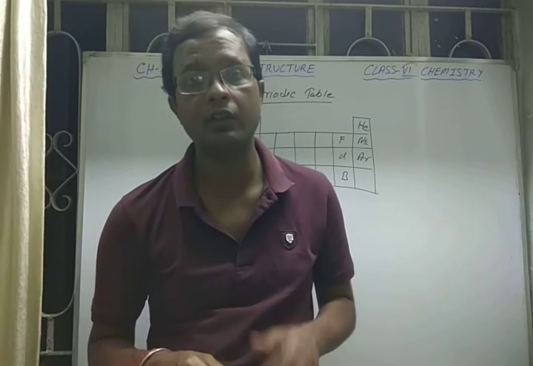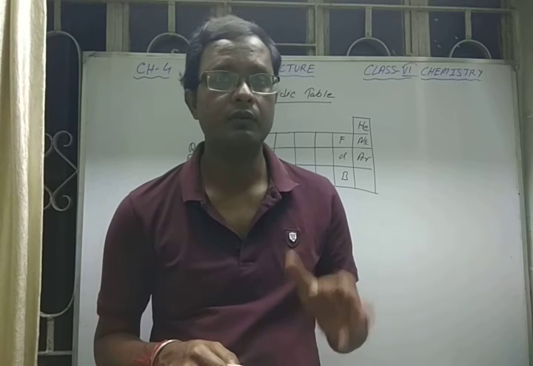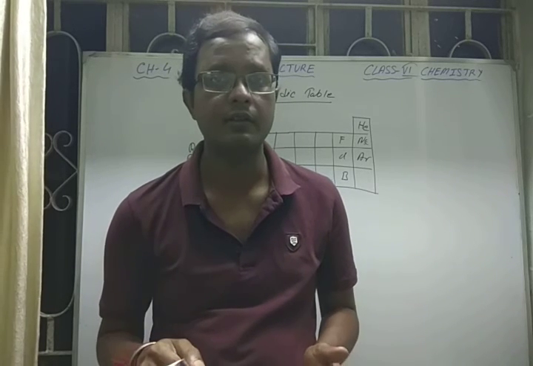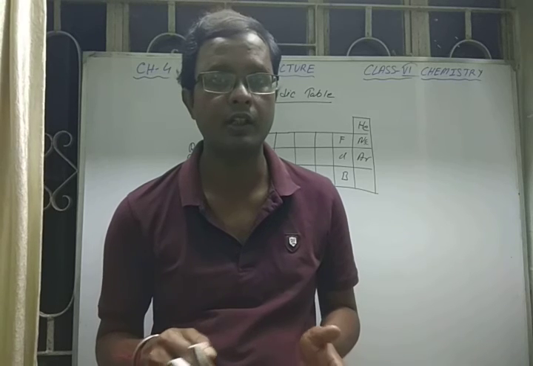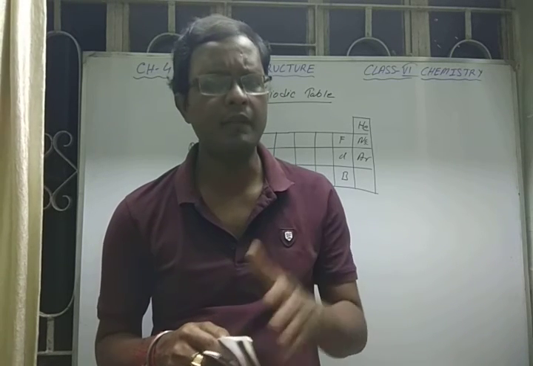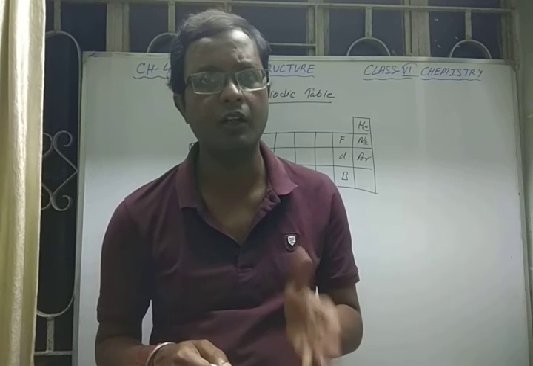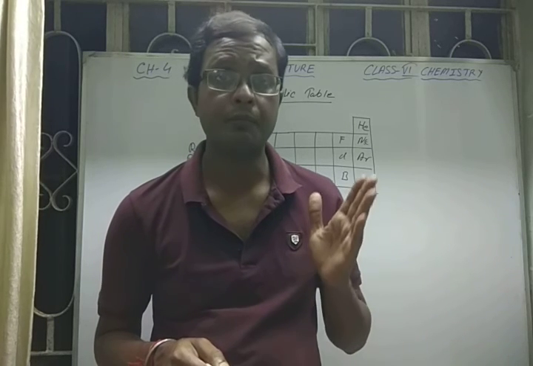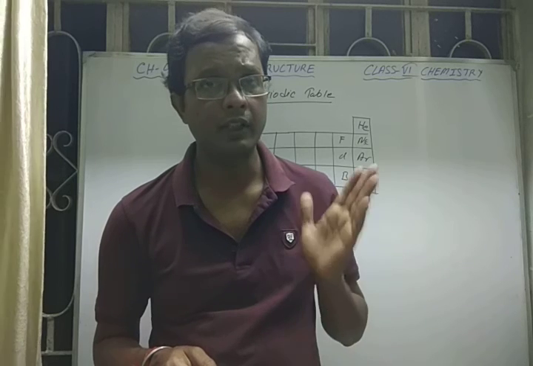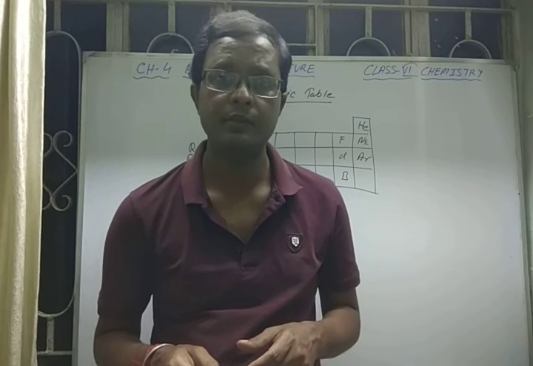That we will study in class 8 in detail, how the atomic number of elements is electronically configured in different shells. On that basis, the number of valence electrons in the outermost shell and the number of shells they occupy, we arrange the elements in the periodic table.